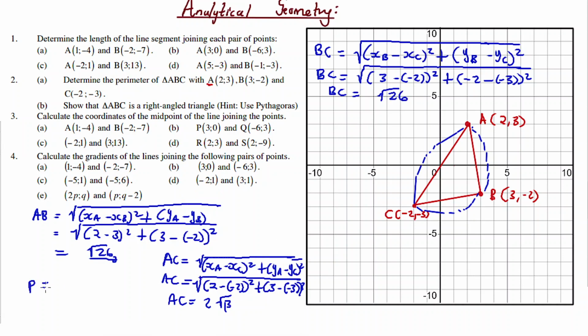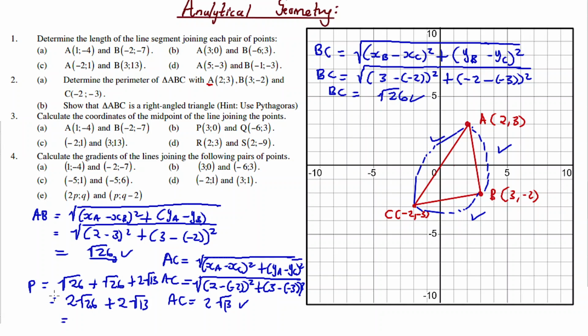The perimeter is gonna be the sum of this and this and this. So you're just gonna add all the sides. Square root 26 plus square root 26, this plus this plus this, square root 13, is gonna be equal to 2 square root 26 plus 2 square root 13.